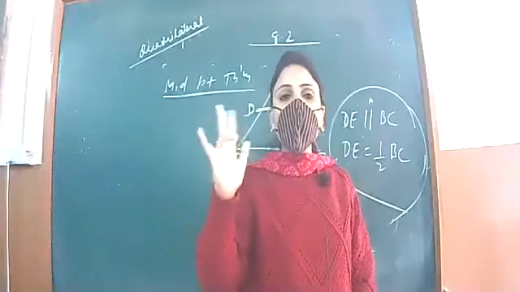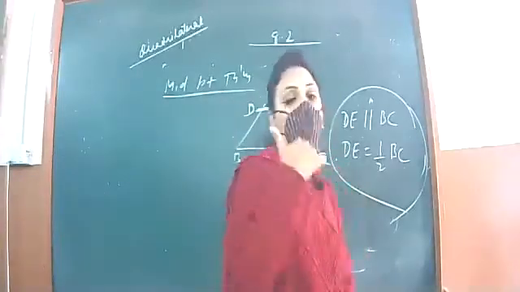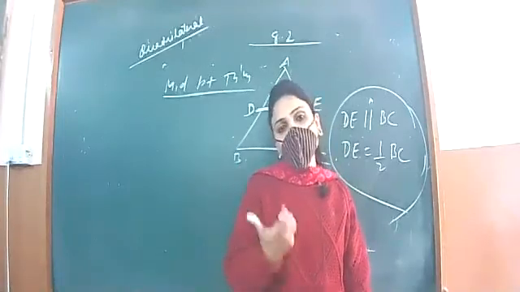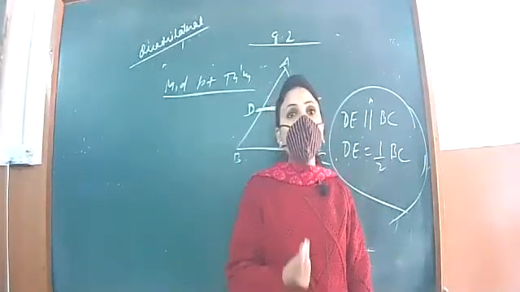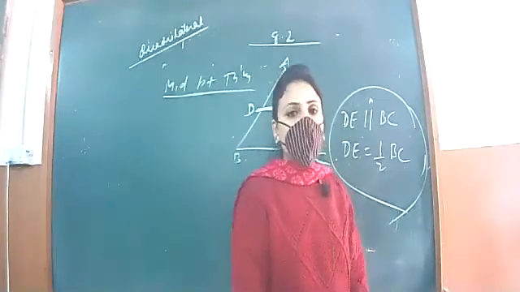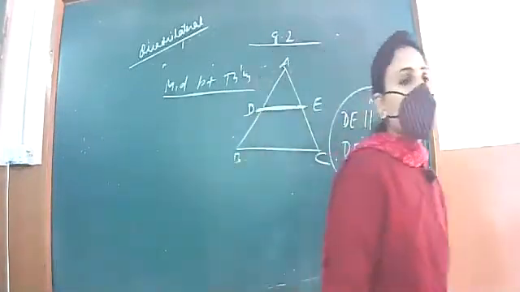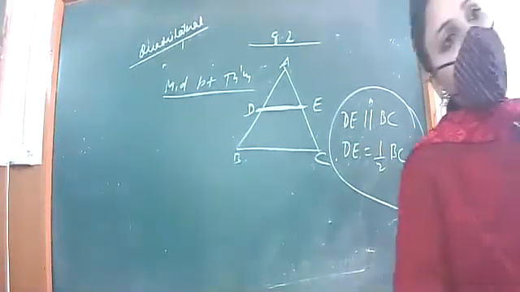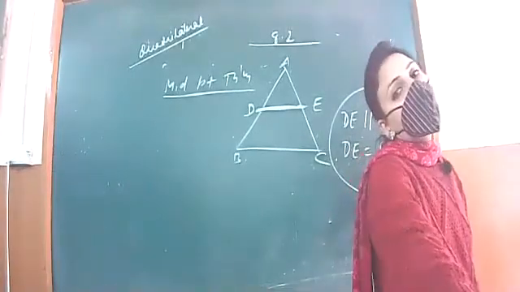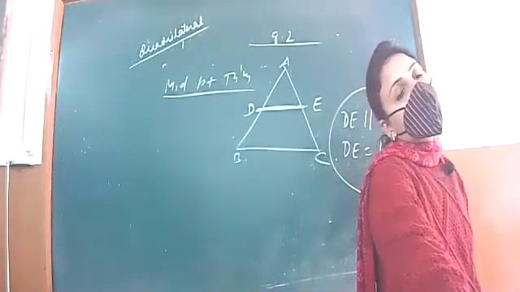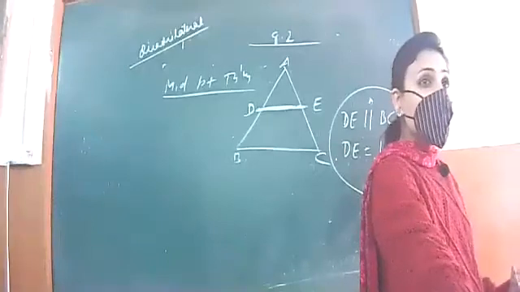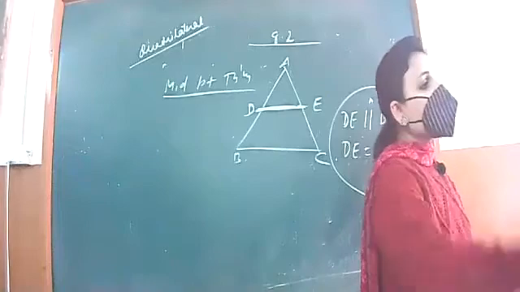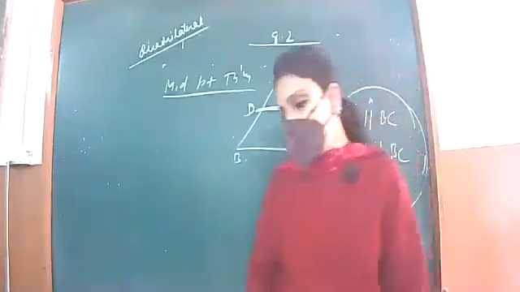Line joining the midpoints of the two sides of the triangle is parallel to the third side and equals to half of its length. नैना फटाफट से स्टेटमेंट सुना दो. किसके किसके midpoints of two sides किसके of a triangle? कीर्ति आप भी एक बार सुना दो midpoint theorem की स्टेटमेंट.